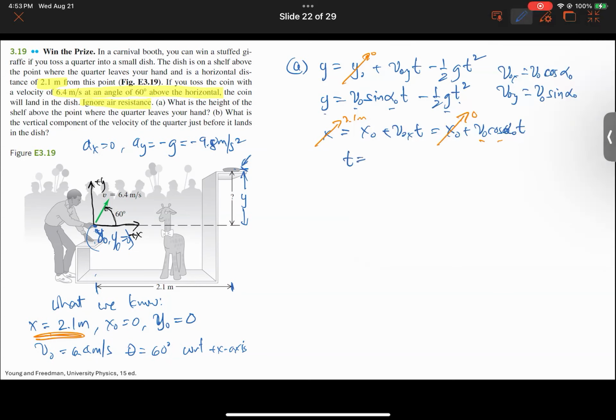So we can solve for time. t is equal to x over v naught cosine alpha naught, or 2.1 meters divided by 6.4 meters per second times cosine of 60 degrees. So this gives us 0.65 seconds.